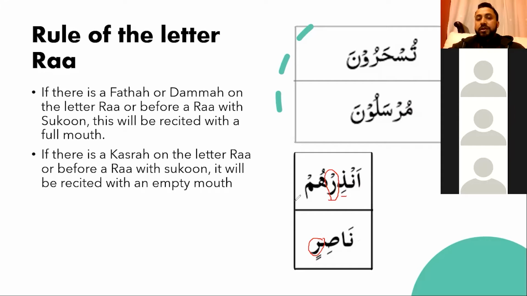So the model of the story with the letter Ra is Fatha or Dhamma. If it's on a Ra, or if it comes before a Ra sukun, why is it, guys? Open question to everyone. Why is it? Full mouth.